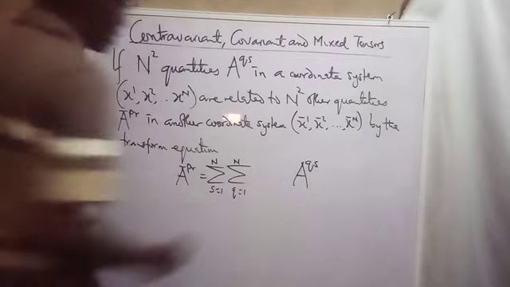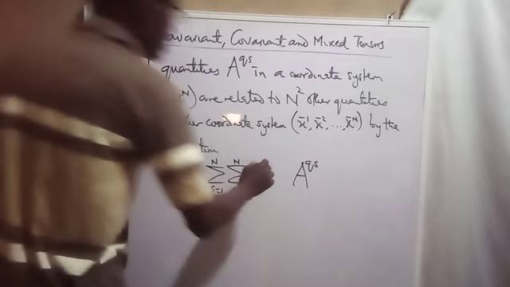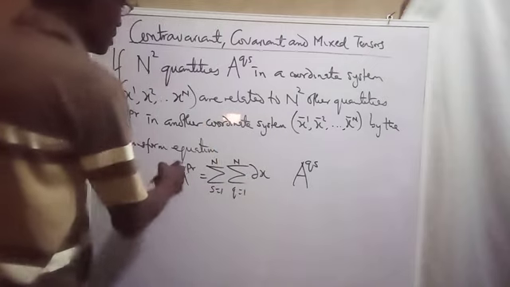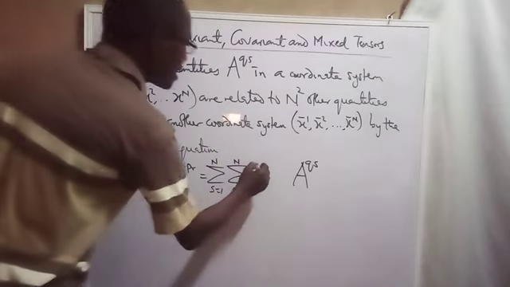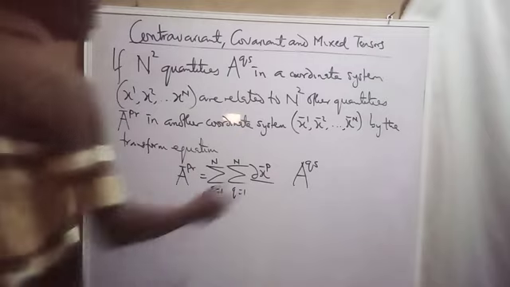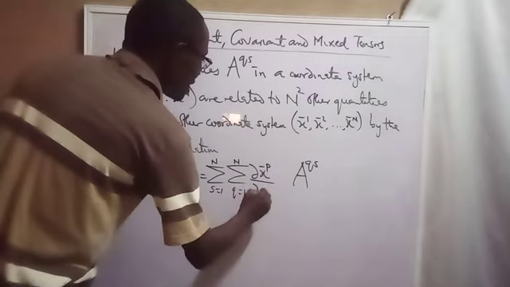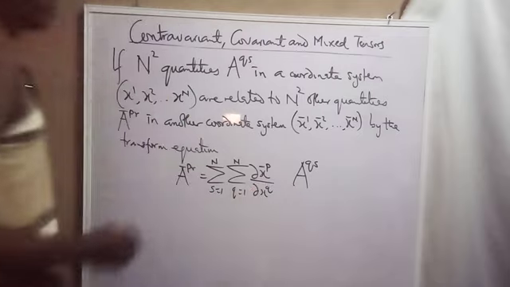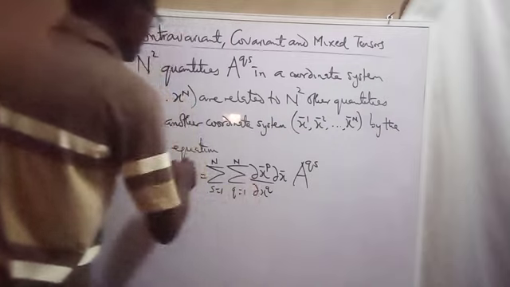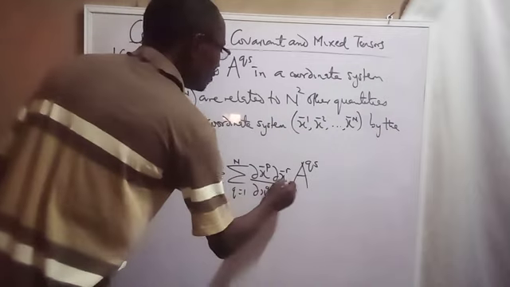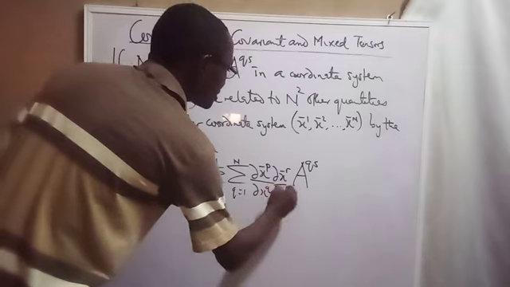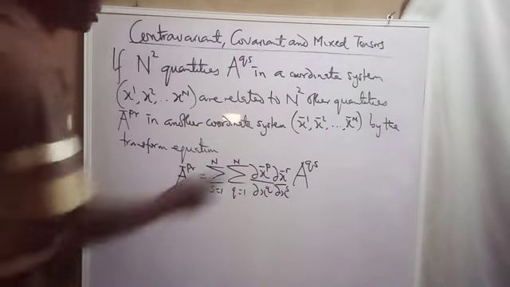Now we have del x bar^P all over del x^Q, then del x bar^R all over del x^S. Yes, so this is the representation.